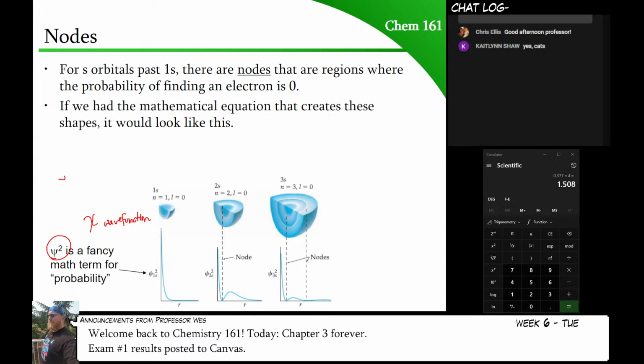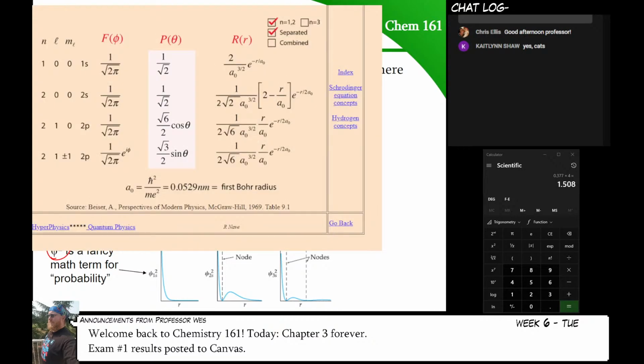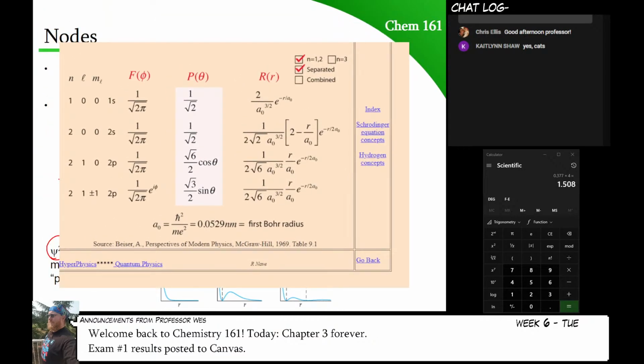Let me find this really quickly for you. And you'll see why we're not doing this. It's because it's absolutely ridiculous. There we go. So here are the wave functions for this is just hydrogen. Yeah.